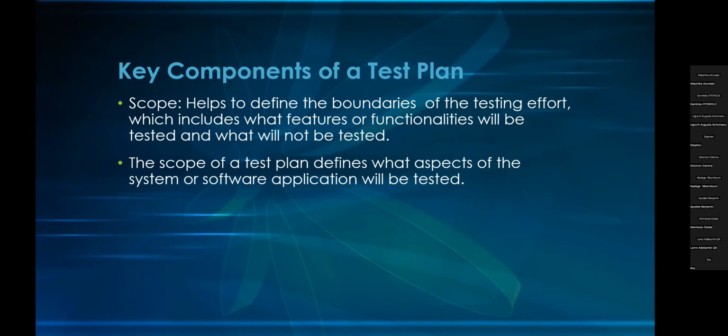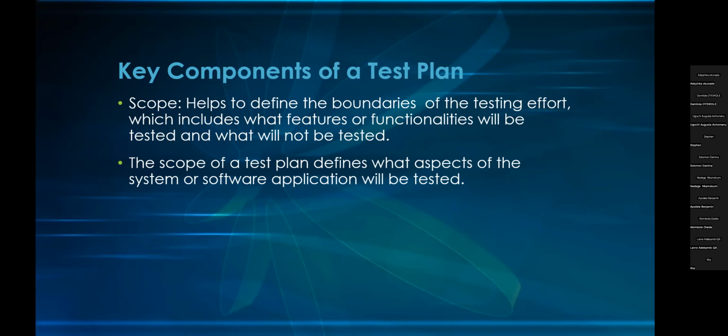Scope is one of the key components of a test plan, which helps to define the boundaries of the testing effort. It also includes features or functionalities that will be tested and will not be tested.